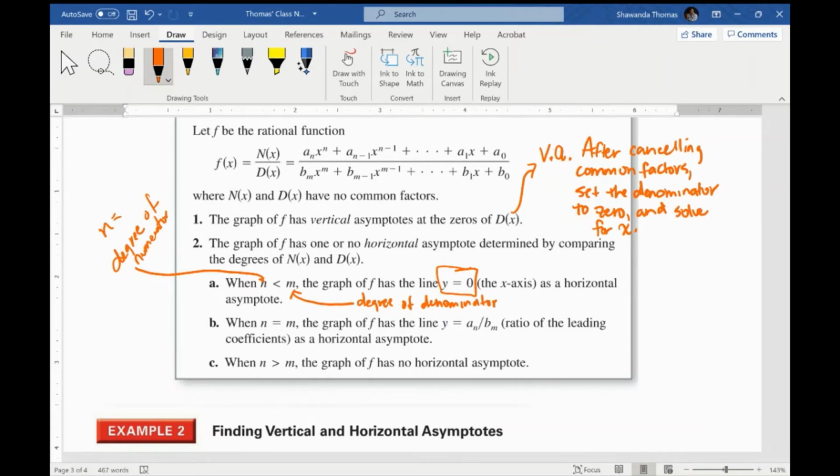We don't have to even work anything out for that one. If the degree of the numerator is less than the degree of the denominator, then the horizontal asymptote is y equals 0, or in other words, it's the x-axis.